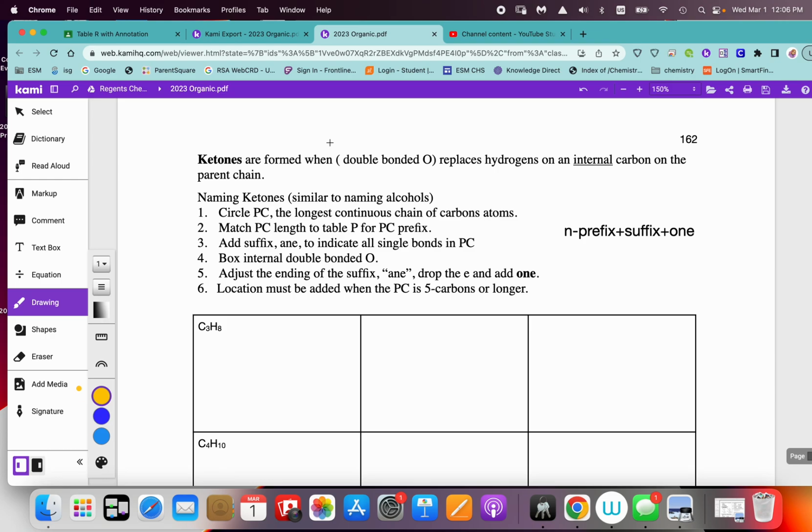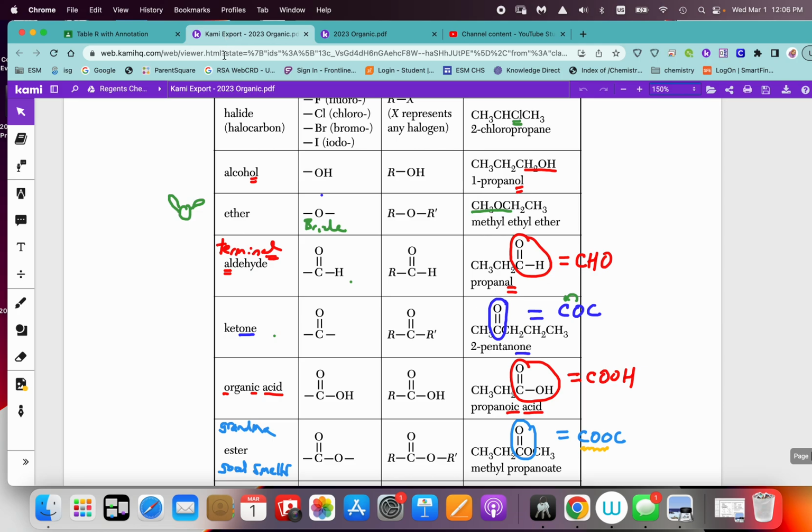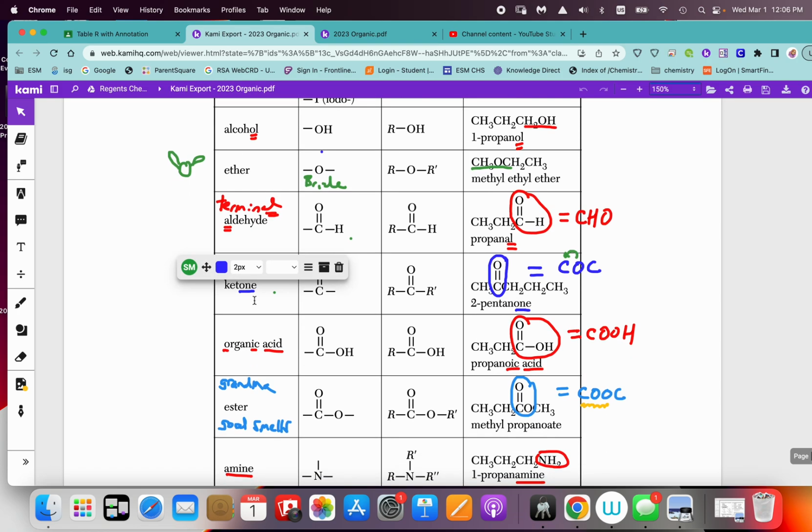It's the next functional group. So if we quickly go back and look at table R and we find the ketones, there's lots of help here for us. If you notice, we are given a ketone name. Whenever we write a ketone name, here we have our example of what a ketone name should look like for us.